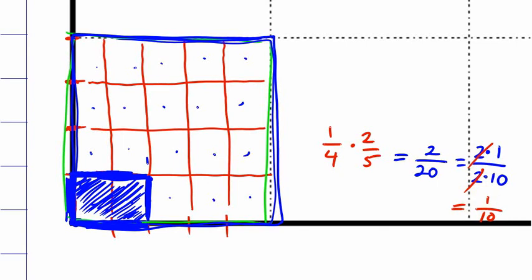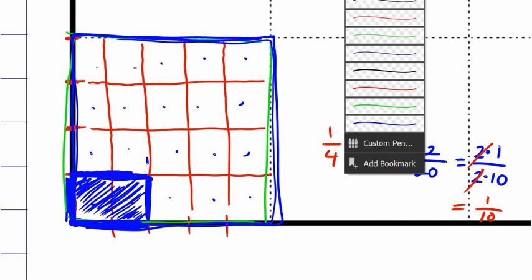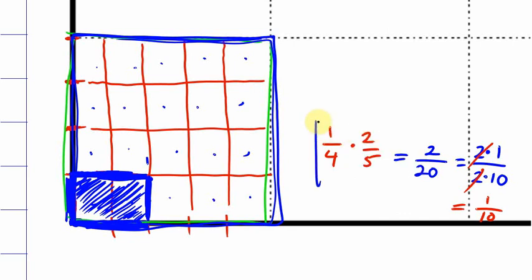But not to worry about that. The key thing is that when you are multiplying fractions, this is just an example. It really doesn't depend on using the numbers 1/4, 2/5, and so on.